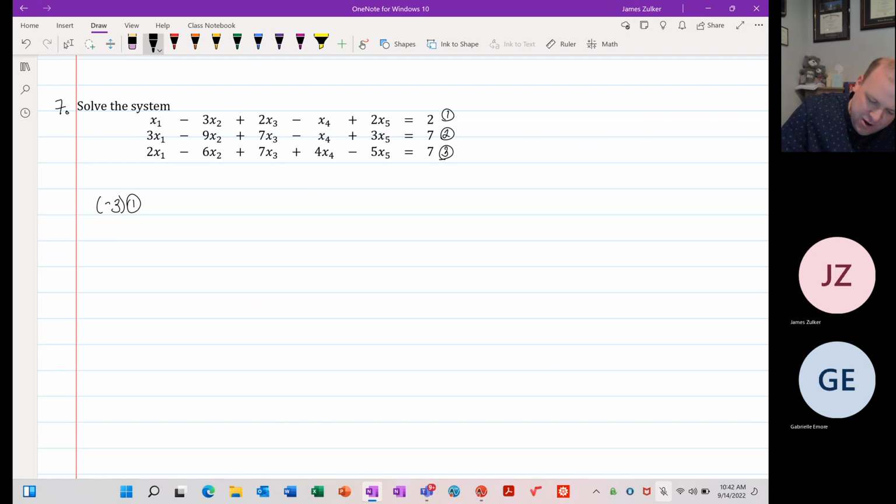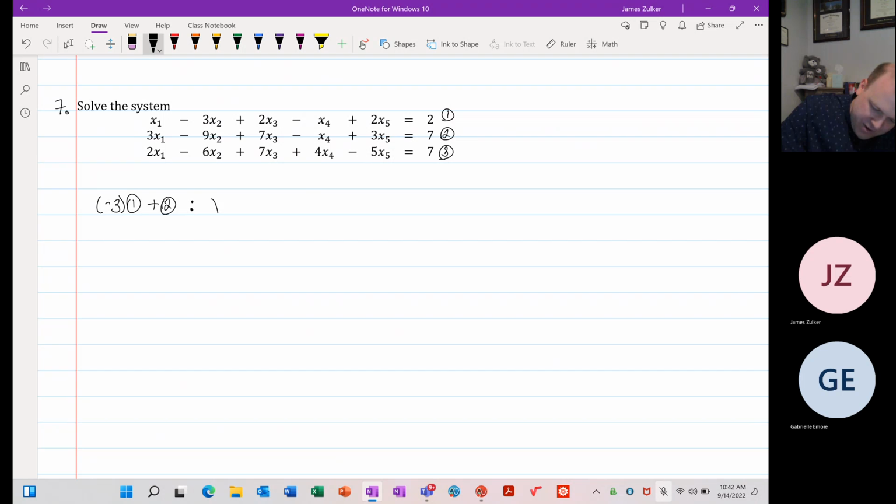All right, so negative 3 times equation 1 plus equation 2. It adds up, we get 9 minus, oh, good. The x2s are going to drop out.